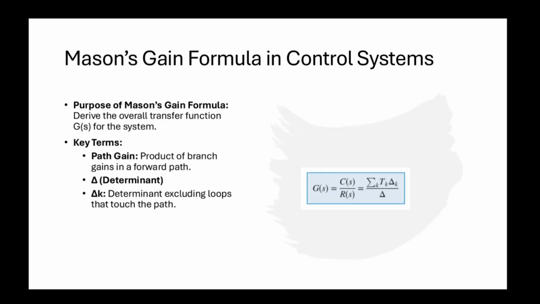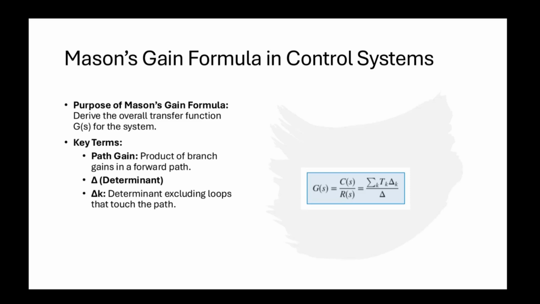Now the Mason's gain formula, and how it is used to derive the transfer function of the overall system. The ultimate purpose of the Mason's gain formula is to derive the overall transfer function G for the system.